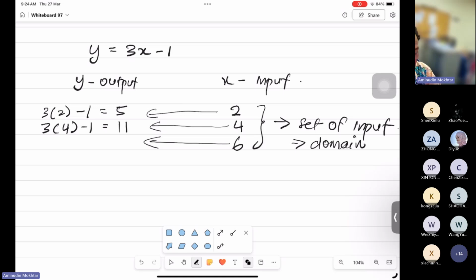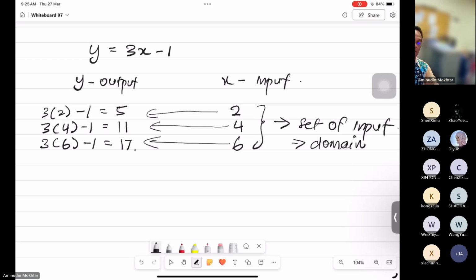Same goes when x equal to 6. y will equal to 3 times 6 minus 1 equal to 17. Okay, when x equal to 6, y equal to 17.